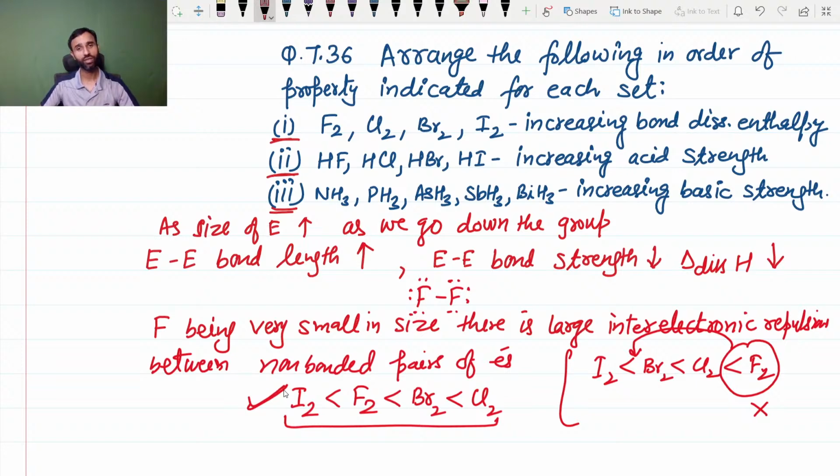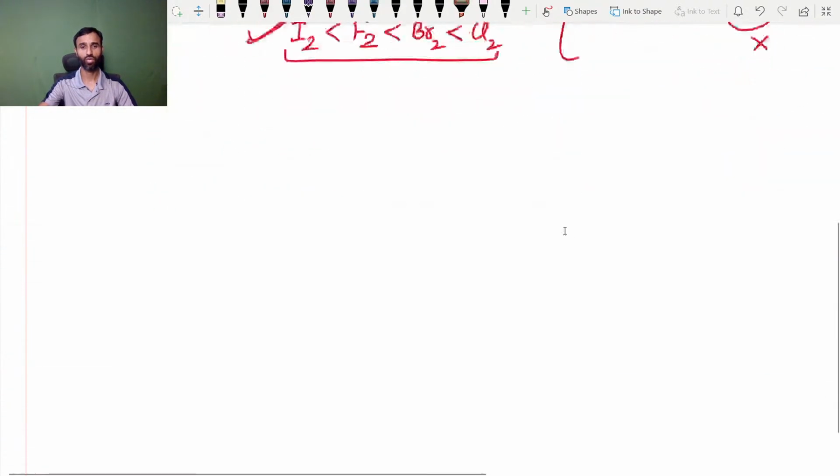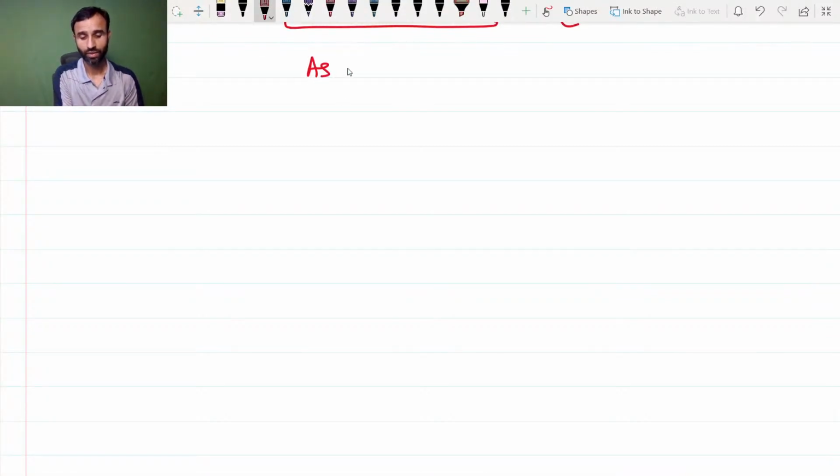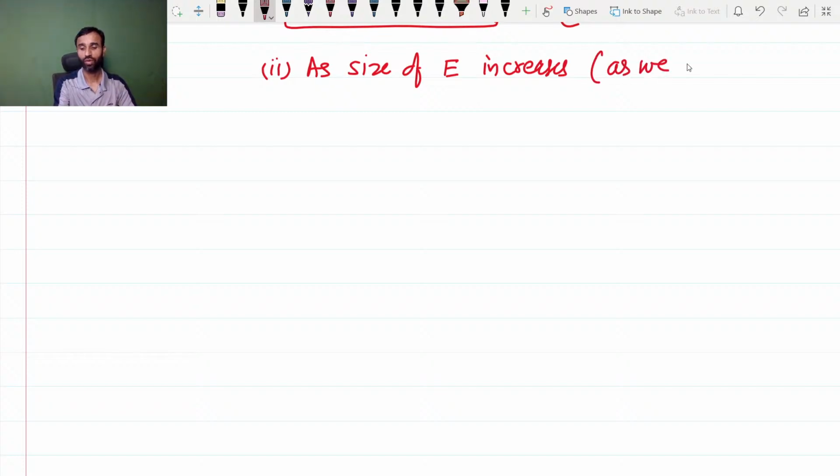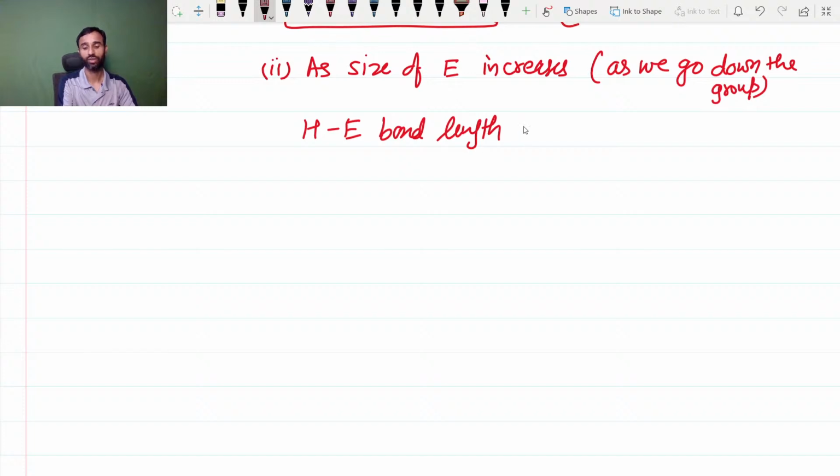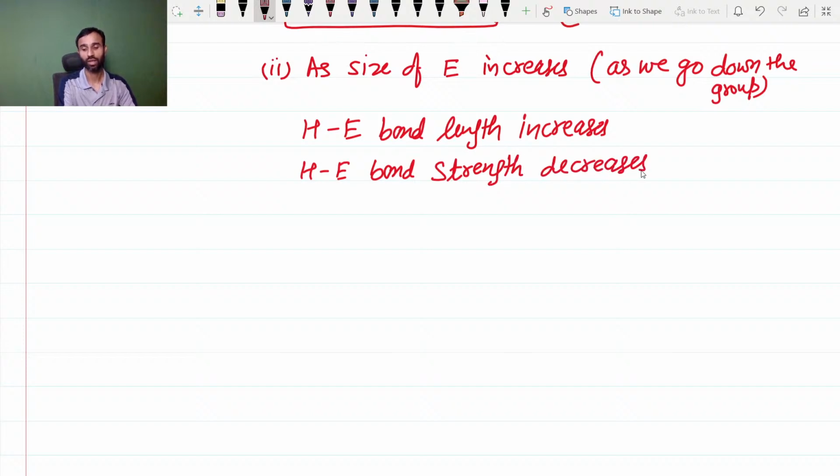So the hydrogen-element bond strength decreases.